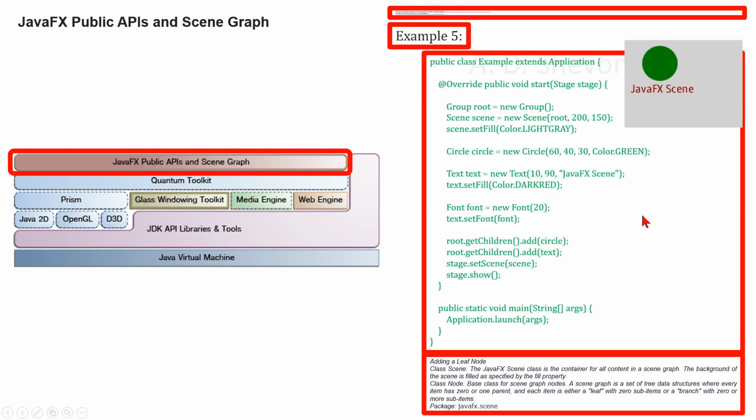A scene graph is a set of tree data structures where every item has 0 or 1 parents, and each item is either a leaf with 0 sub items or a branch with 0 or more sub items.